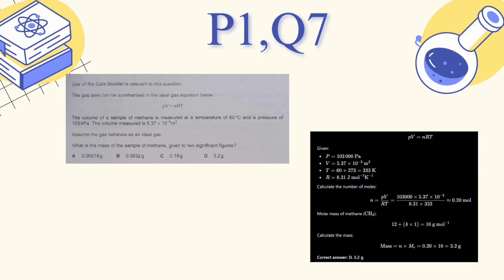Then the molar mass of methane, we must calculate it, and we get 60 grams per mole. To calculate the mass, 0.20 mole times 16 grams per mole, then we get 3.2 grams. So the answer is D.